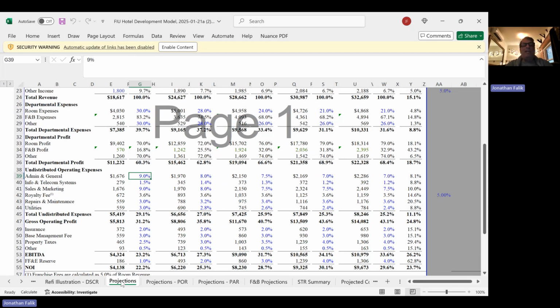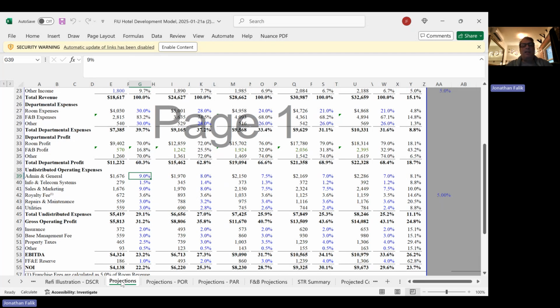It would make sense for it to decline as the revenue increases, as occupancy increases and ADR increases, because we do not need to hire an additional general manager when we have more revenue. We do not need to hire an additional security person. We do not need to hire an additional chief accounting officer or director of finance. So there are efficiencies that you start to realize as you move forward.